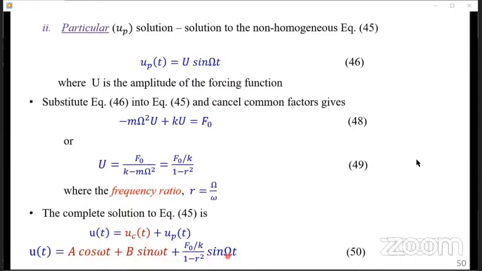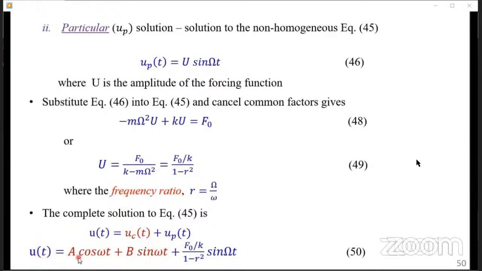If you look carefully here, the second part, the particular solution, is the one that contains the aspect of the forcing function. But the complementary solution is kind of a free vibration motion, and you're going to see what this means for our equation. This now is our response, our complete solution.